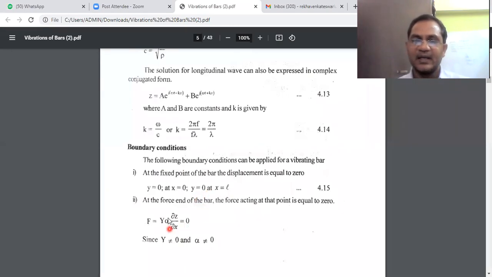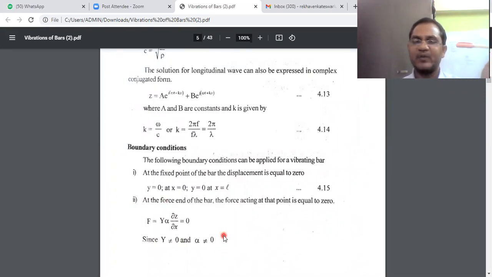The second condition is at the free end, not the fixed end. At the free end of the bar, the force acting at the point is equal to 0. For example, one end is fixed and the second end is free.